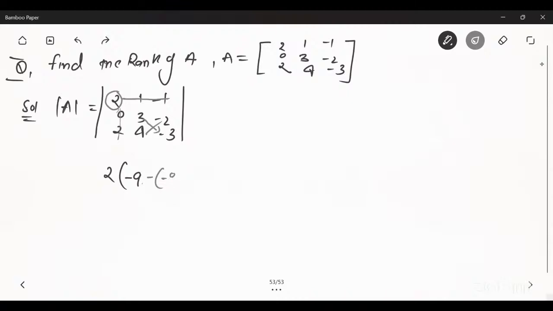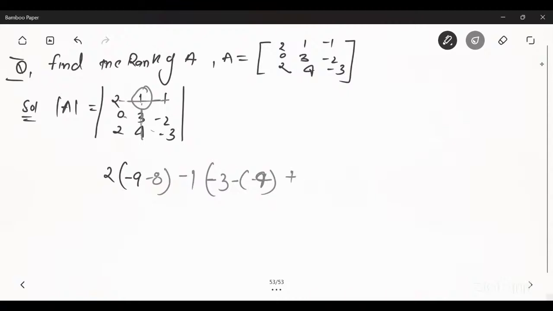So minus 9 minus 8. Now take the second one, take the sign minus for the second one and skip the corresponding row and corresponding column. Now multiply 0 into minus 3 and 2 into minus 2, minus 4, minus times of minus 4.